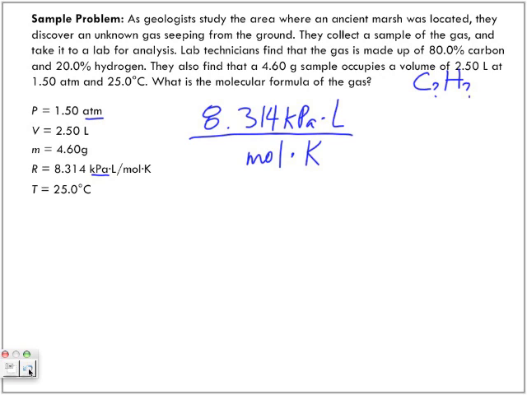Now, I want to get rid of kilopascals. Where am I going to place kilopascals as a factor label? In the denominator. That's where it's going to cancel it out. So that's going to do that. Now, we've gotten rid of kilopascals.